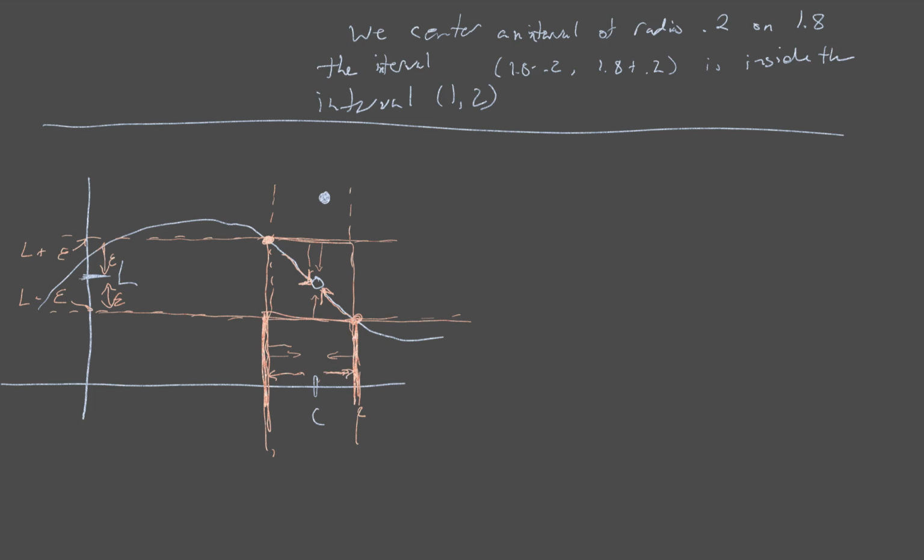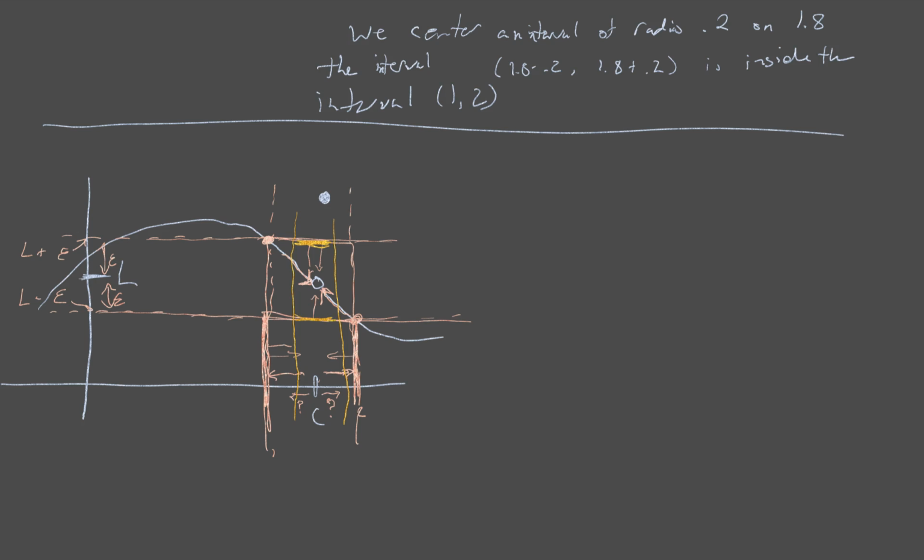And we want to know, how close to C do I need to be? Right? How close to C do I have to be so that all of the points in this vertical interval that we're going to draw on the graph are between L plus epsilon and L minus epsilon.